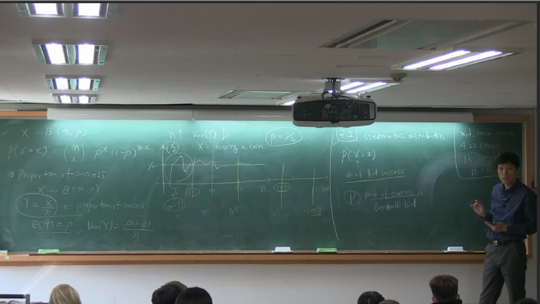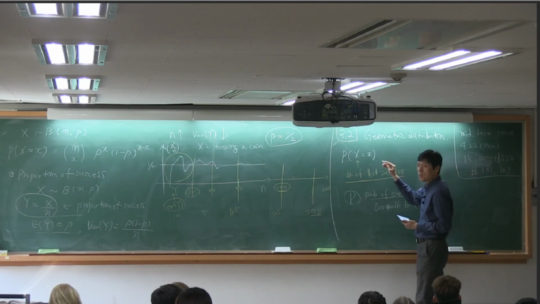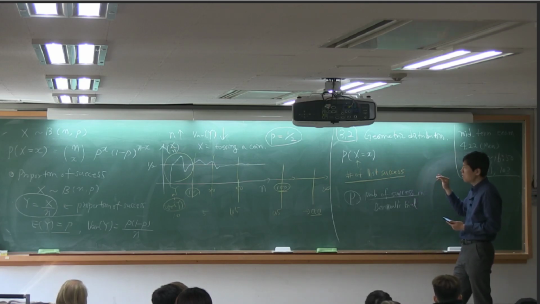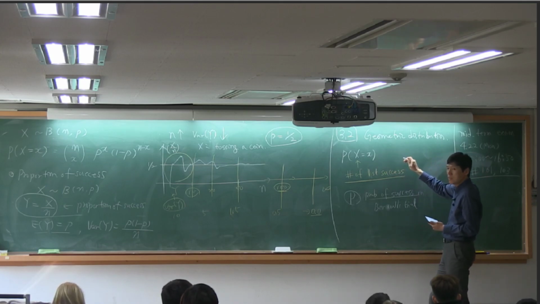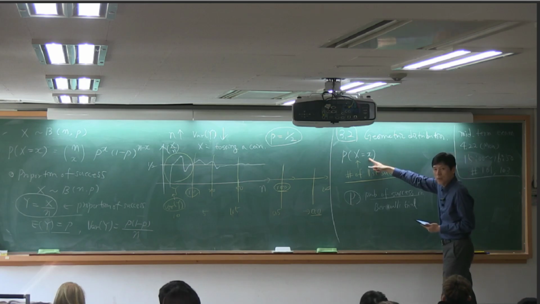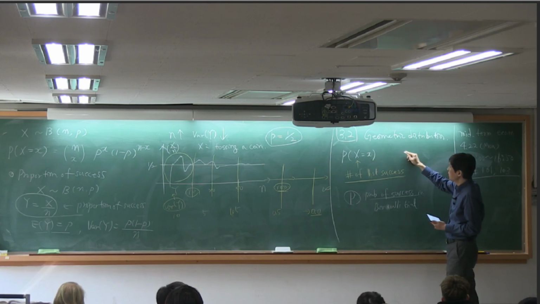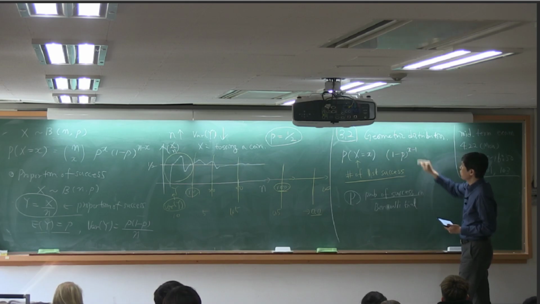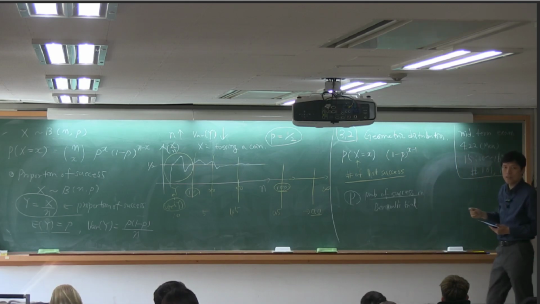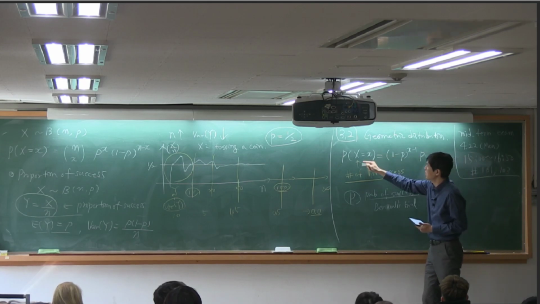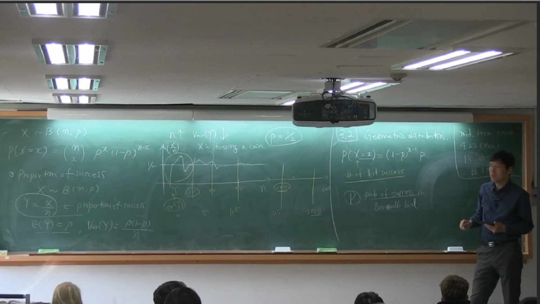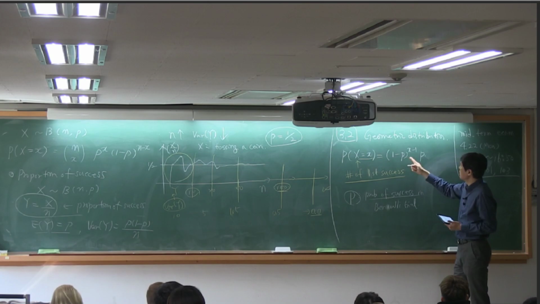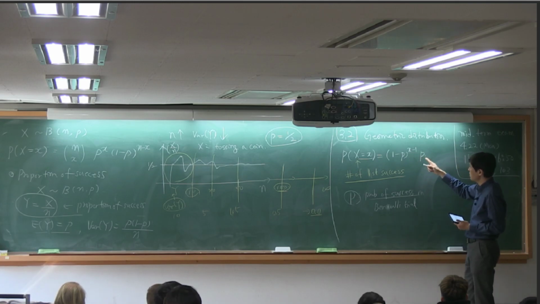So the success probability is p, and in the geometric distribution, what is the probability that we have the first success when the number of trials is x? That means we have to fail x minus 1 times until there is a success at x. There are x trials, but the only success is at x.